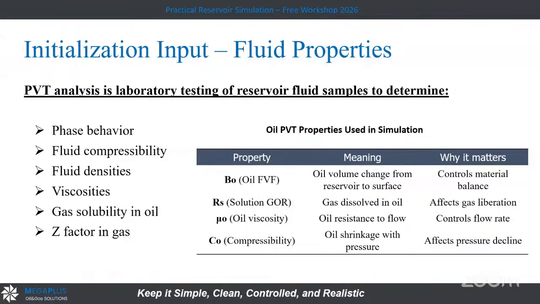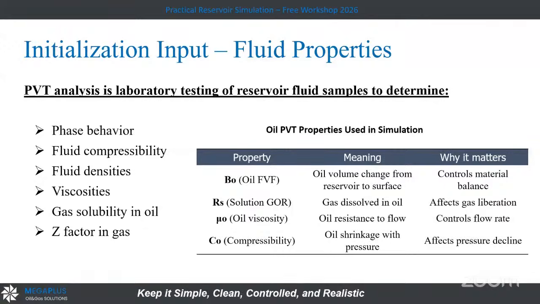So we got all of this data and inserted it into the dynamic fluid model that we have. In the oil, we are concerned about these variables. In the gas, we are concerned about the gas formation volume factor, the viscosity of the gas, and the Z factor.